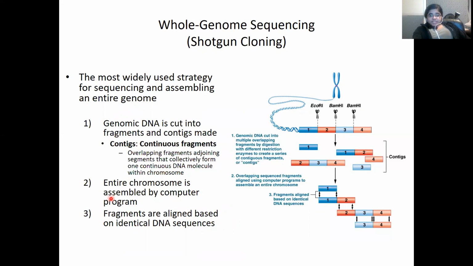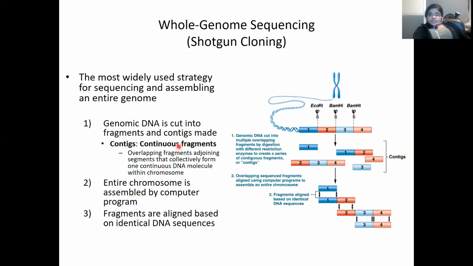So it happens in 3 stages. First, the DNA is cut into fragments, so it can be different restriction enzymes that cleave DNA at certain spots.